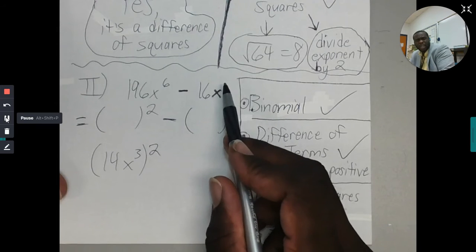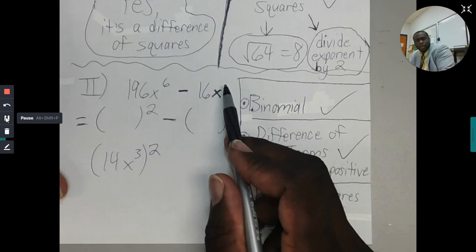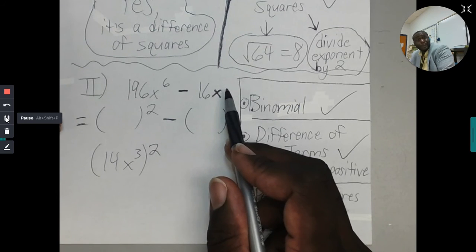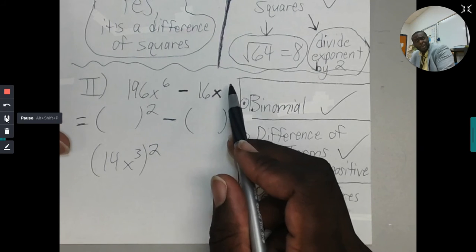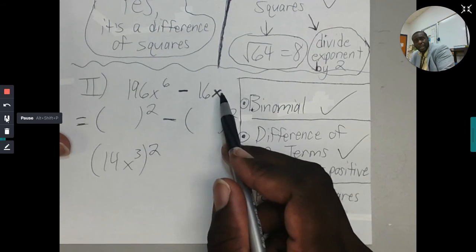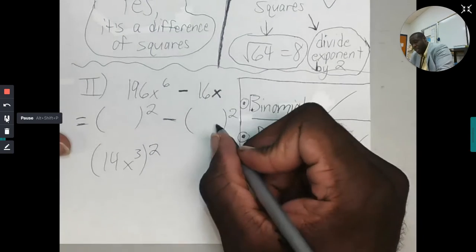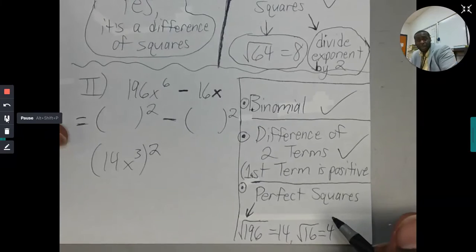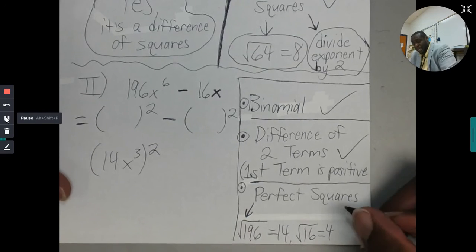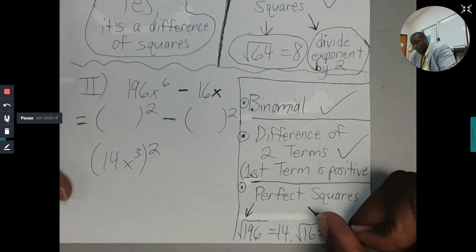What about this exponent? What's the exponent here? 1? Oh, snap. It's a little hard to divide 1 by 2. Or at least it's not hard, but we don't get a whole number if we do that. So because this exponent here is not an even number. Again, this exponent is 1. It's not an even number. It's not going to work. These are not perfect squares.